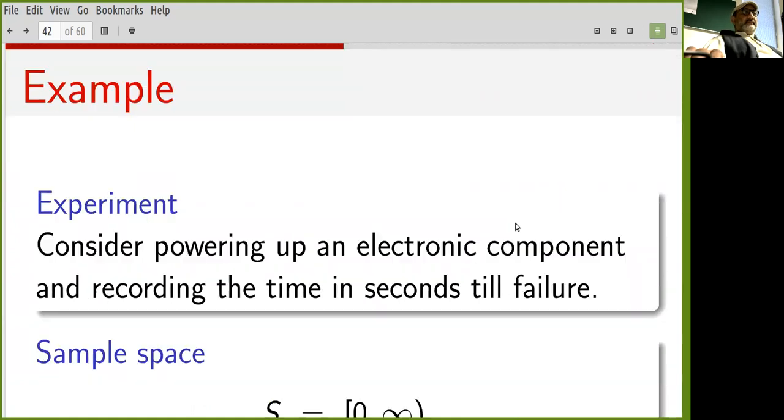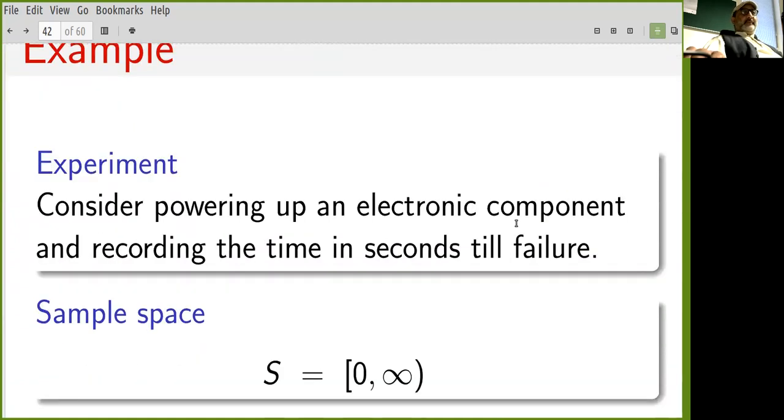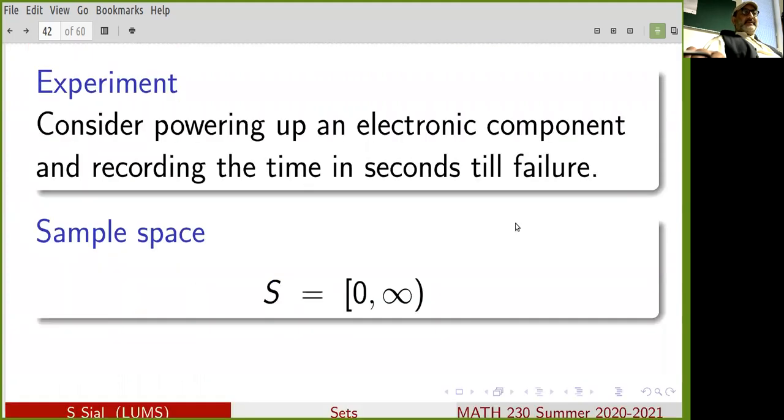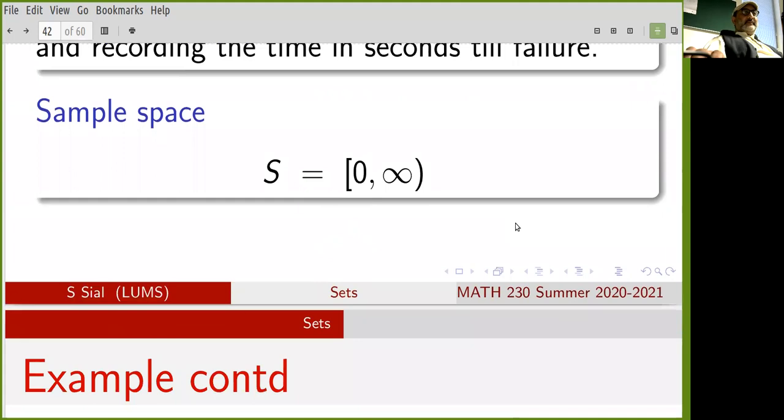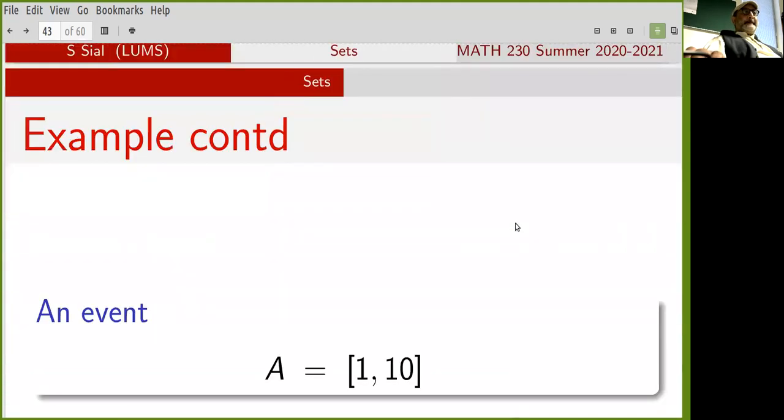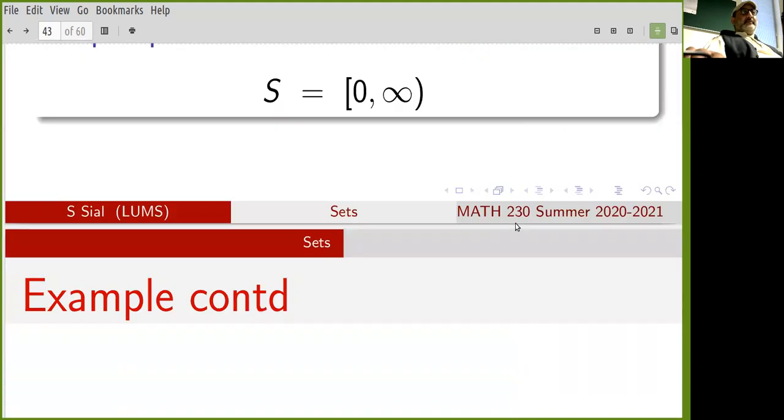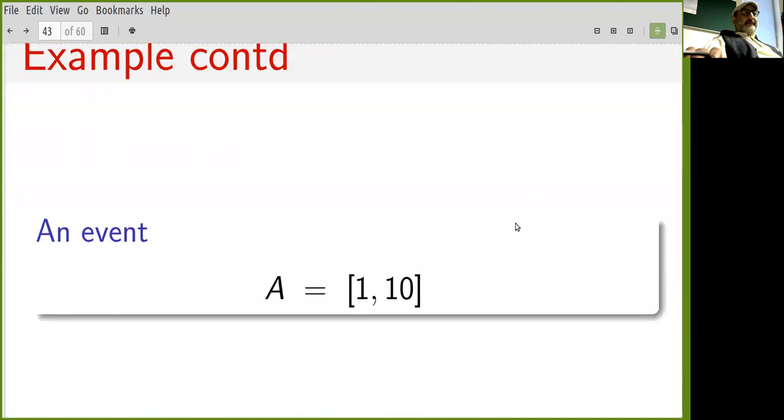Okay, again, we power up an electronic component and see the time till failure. We saw that the sample space was the interval from 0 to infinity, and an event would be a subset of the sample space. So the event that you would be looking for in this case is: does it fail between 1 and 10 time units?